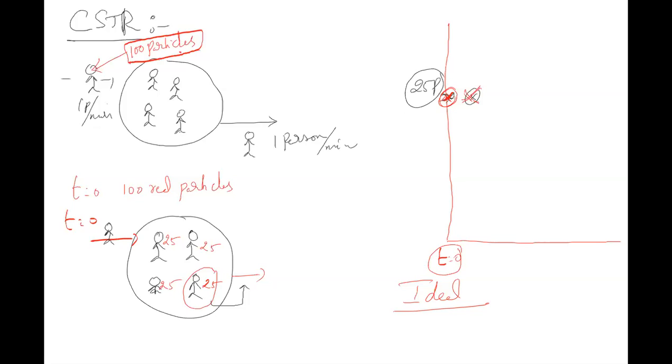Now, when a person who is carrying, let's say, 25 red molecules comes out here, let's say I will write at t equal to 0.1 minutes. Then what is the reactor status? When this 25 goes out, how many red particles will be left? 75, no? The person who is entering doesn't have any red particles, no?